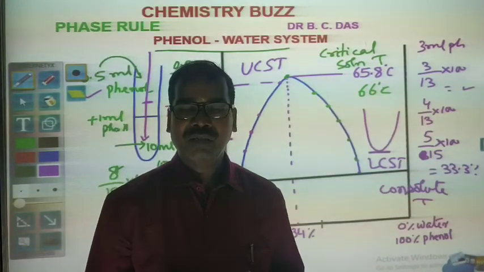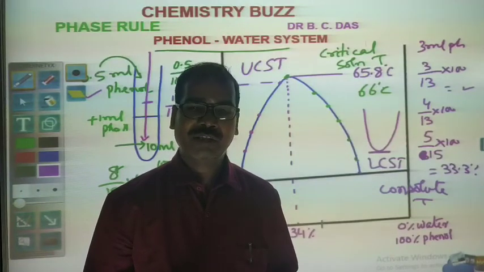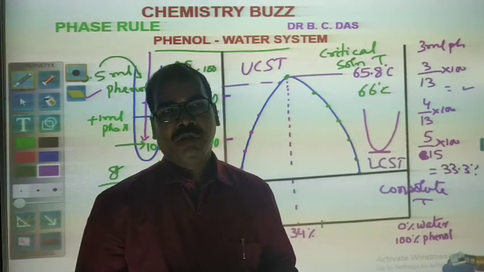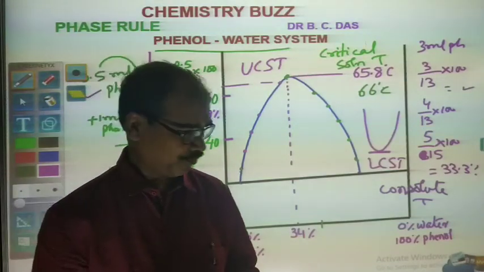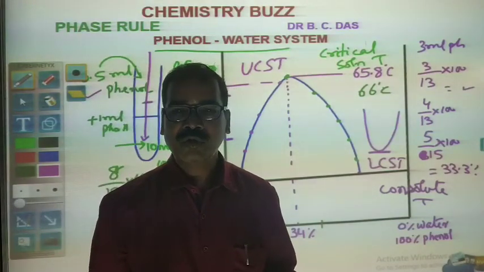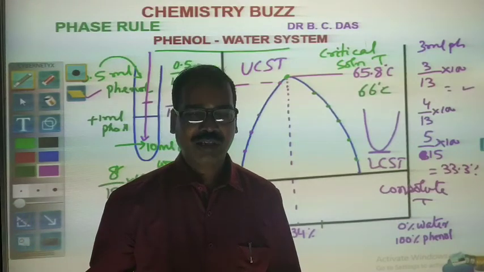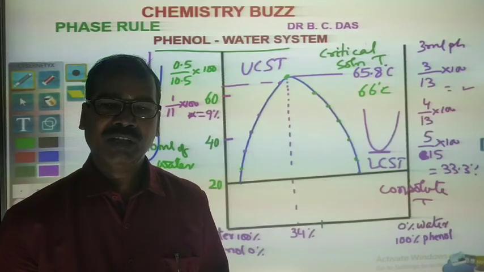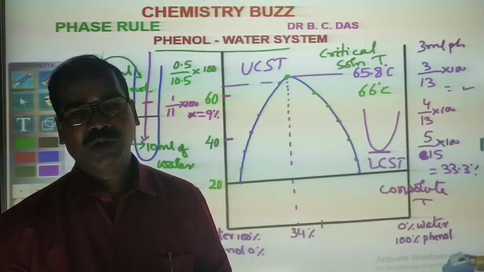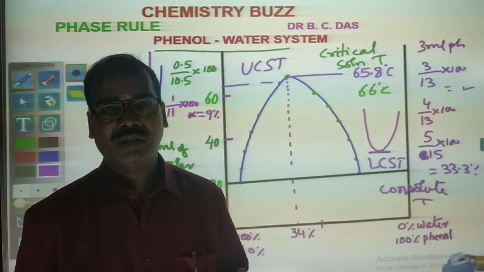Then you will compare the effects and report. That will be a very good project. I hope you can perform this in the lab and verify, and you will enjoy it.